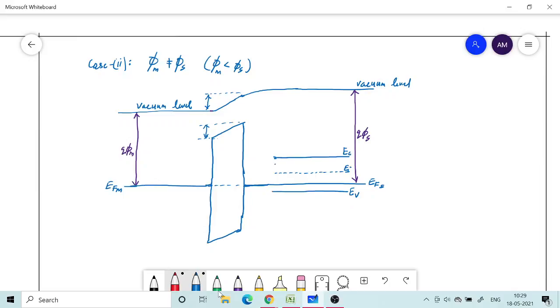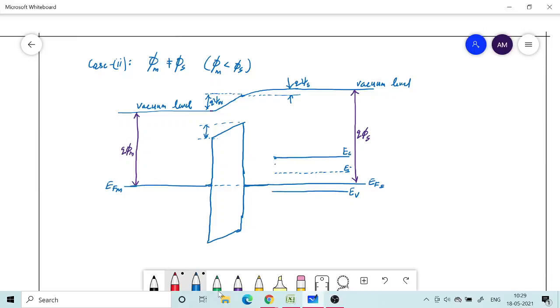So I will call it Q into psi ox. And the remaining bend, from here to here, is within the semiconductor. This one I will call Q into psi s.